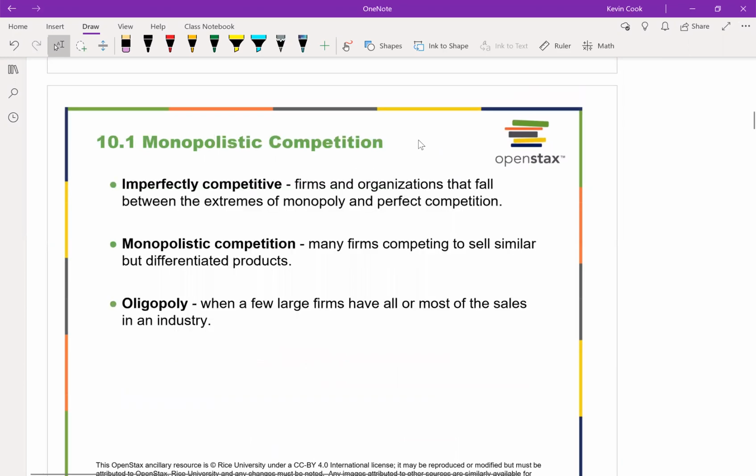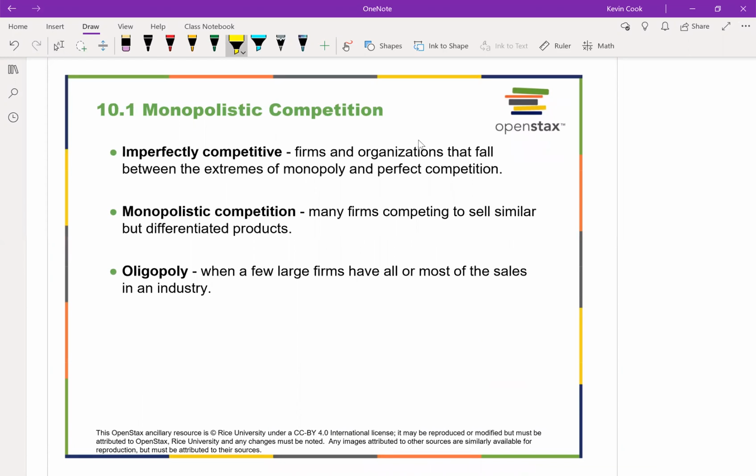So we have this phrase imperfect competition, or imperfectly competitive. It just means that we don't necessarily have competitive markets, and we're not dealing with monopolies. We're just dealing with that middle ground and seeing what's going on in these imperfectly competitive markets.